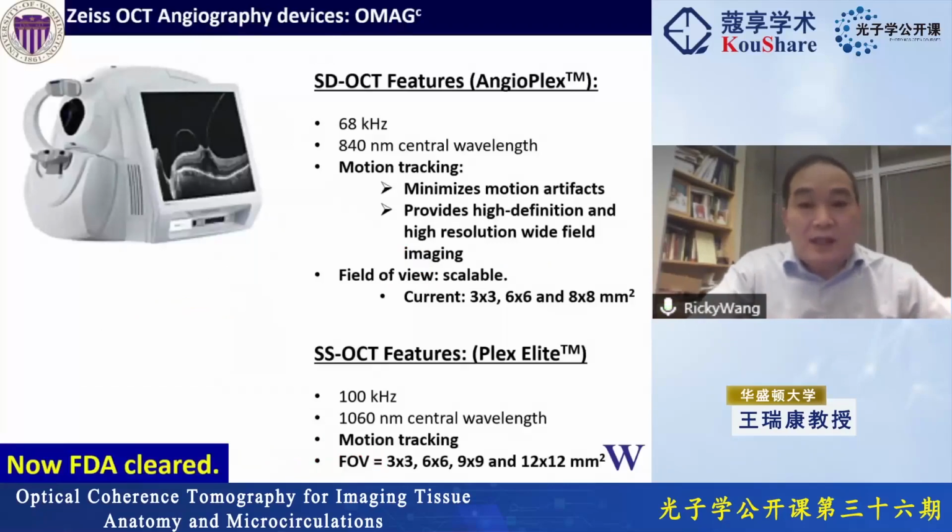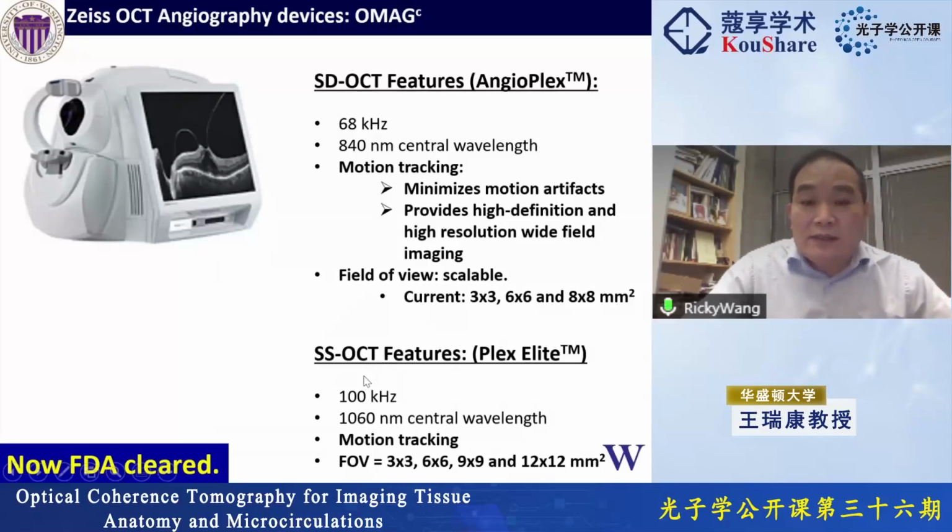Okay, and this kind of concept is, as I mentioned, already commercialized and FDA approved. And this is the example of the Cirrus system. The system includes the spectral domain system and also the swept source OCT system.